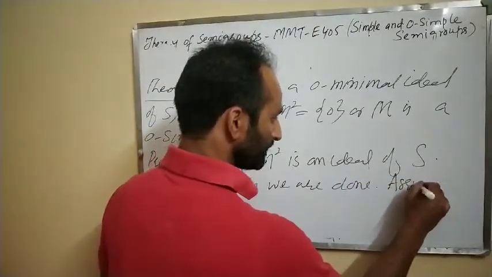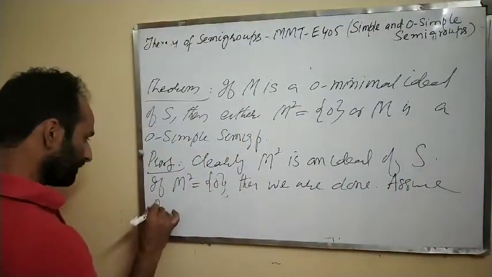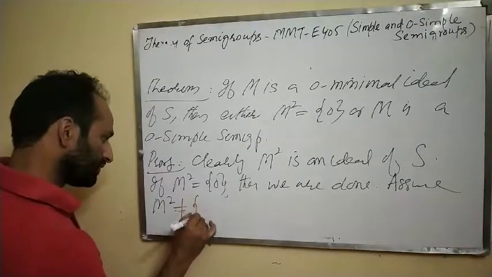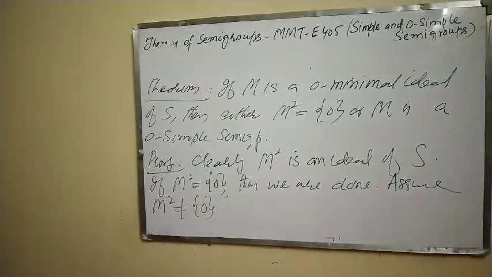So assume that M square is not equal to 0. M is an ideal, so this M square is an ideal.